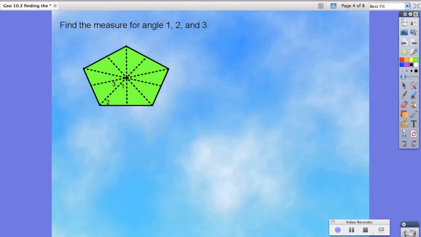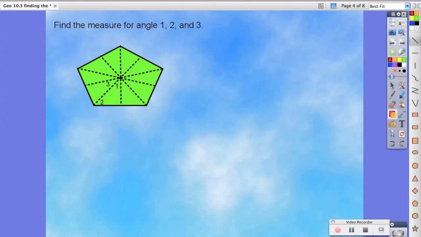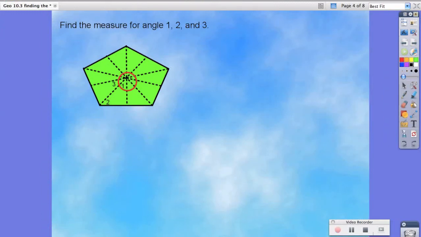So to start, we're going to find the measure of angle 1, 2, and 3 just to do a quick reminder. Now, hopefully you can tell that there is a circle in the center where these things are being intersected. So here's our circle, and that's being split into, because it's a pentagon and we're creating 5 triangles and then cutting in half again to make right triangles, we have 10 different angles.